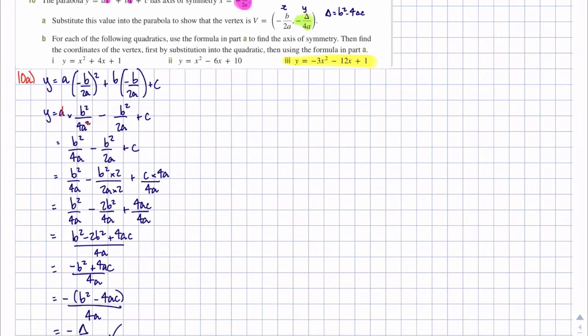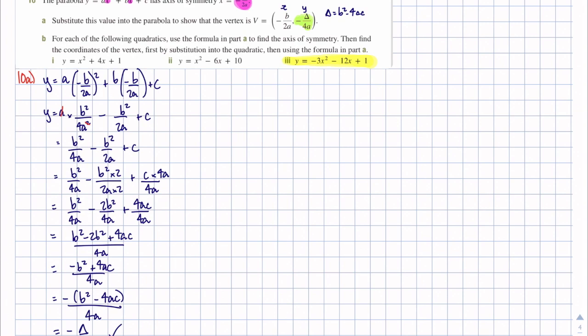Now it actually wants us to use this in 10b. It wants us, for each of the following quadratics, to use that formula to find the axis of symmetry, then find the coordinates of the vertex, first by substitution into the quadratic and then by using the formula.